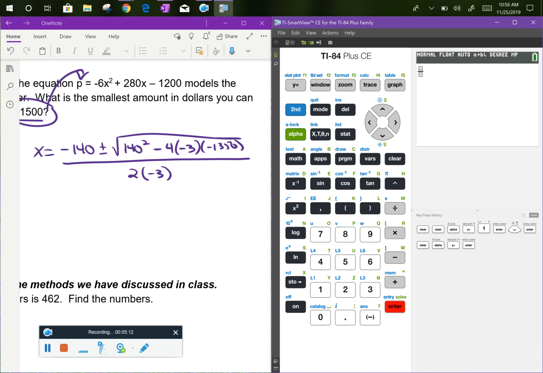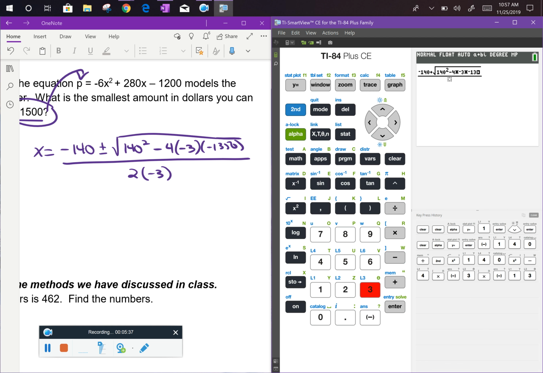Okay. So first we're going to do the plus, right? Because it's plus or minus. We're going to do plus first. So we're going to type in negative 140 plus the square root of 140 squared minus 4 times negative 3 times negative 1350.